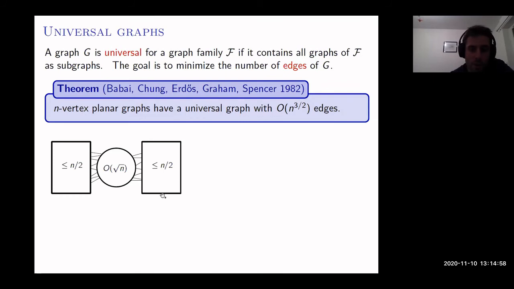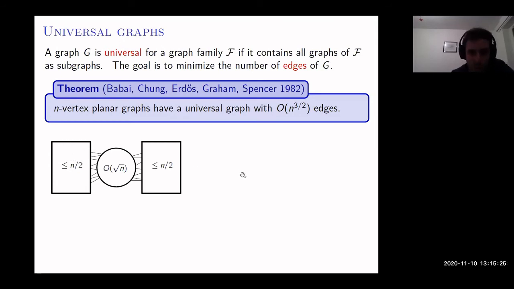There's the Lipton-Tarjan separator theorem that tells you that in any planar graph, you can remove O(√n) vertices and divide the remaining vertices into two groups of at most n/2 vertices, such that you don't have any edge between the left group and the right group. So this is a separator, and we really want at most n/2 here and at most n/2 there.